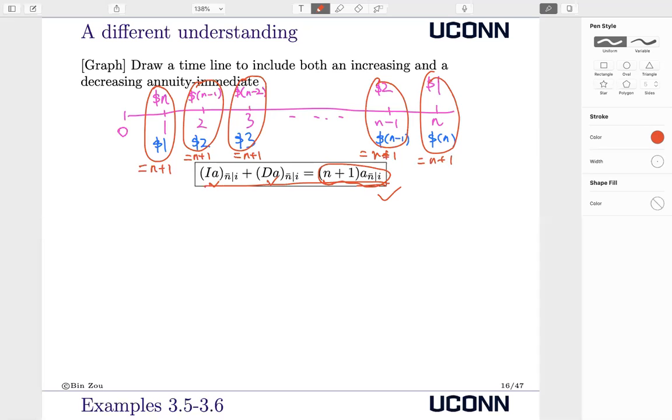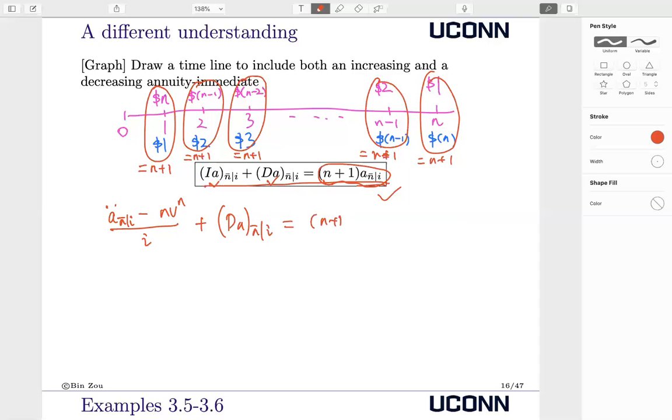It's a level annuity. So you can apply, for instance, what we proved: that this is the formula for the increasing annuity, and now we want to know the decreasing one.